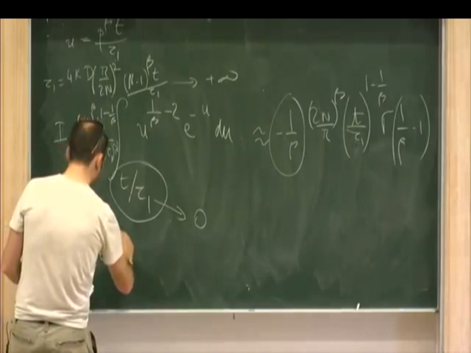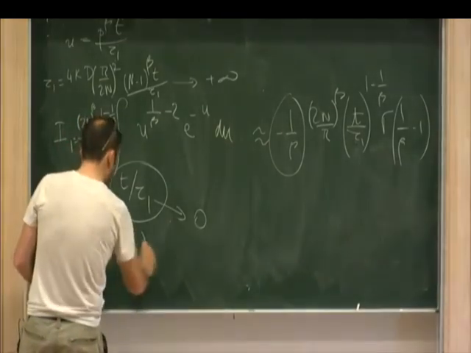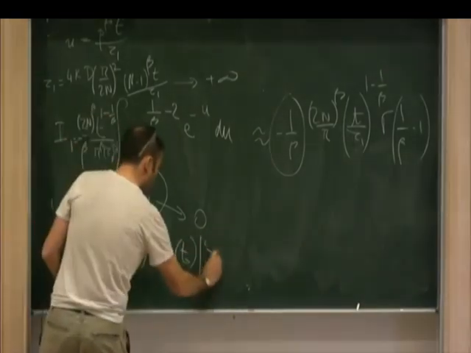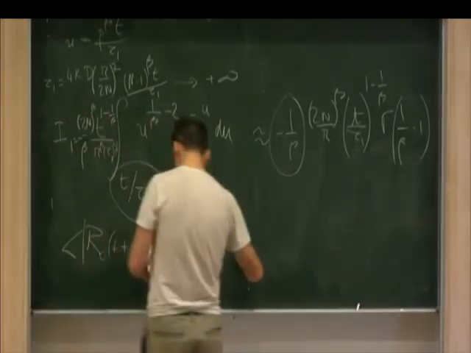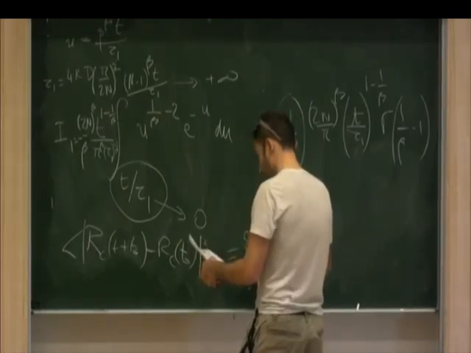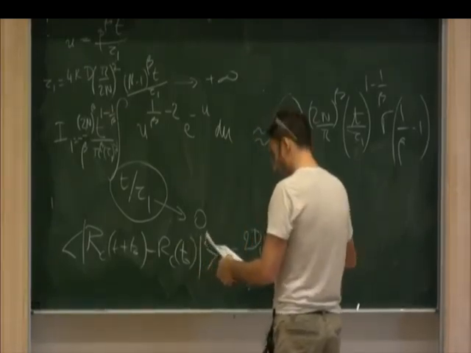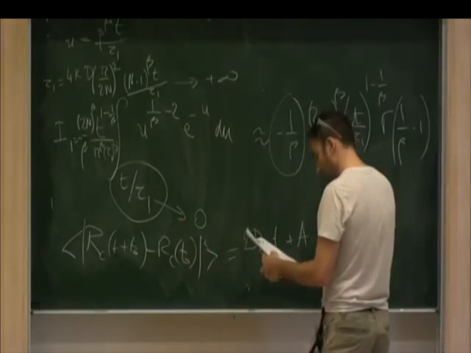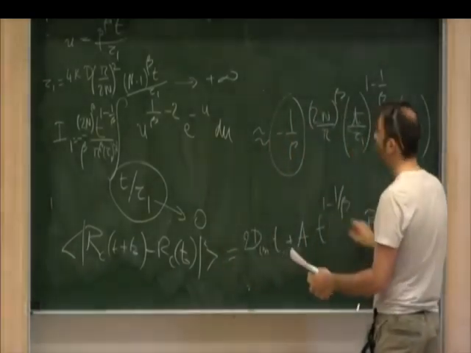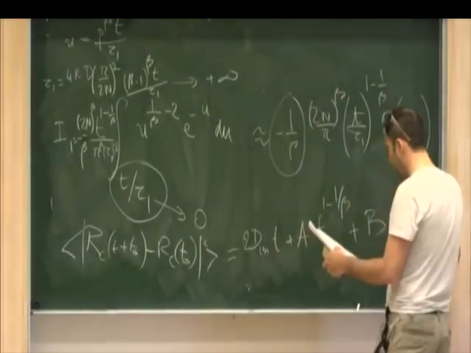So R_CM(t plus t0) minus R_CM(t0), you average this, make it squared, and this is of the order of 2d center of mass t plus a constant t to some power 1 divided by beta. And then there are other terms coming from the other element that I haven't calculated.